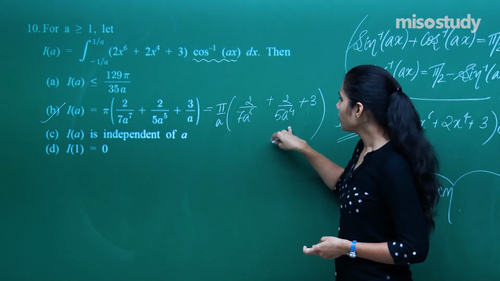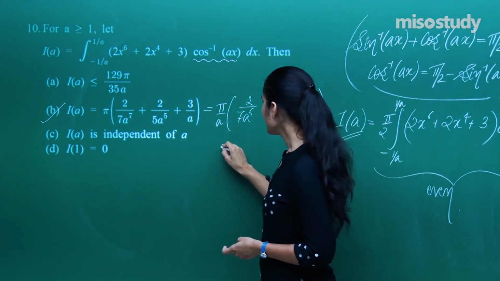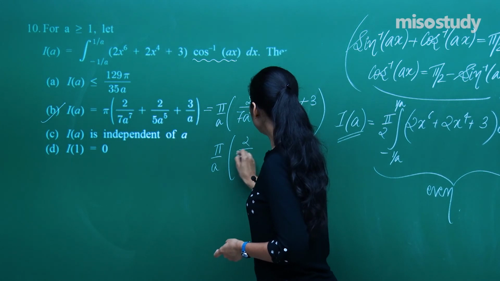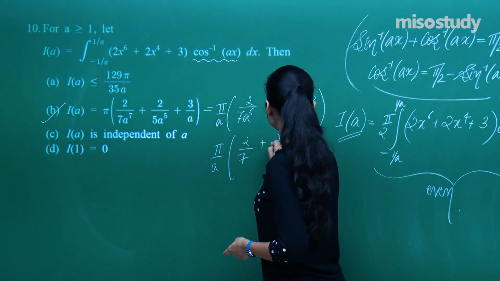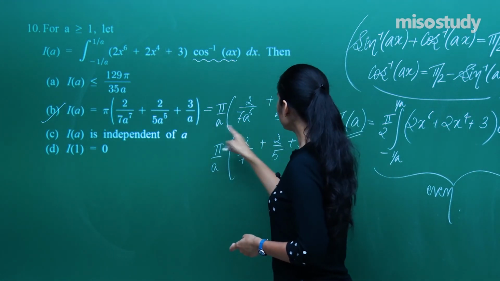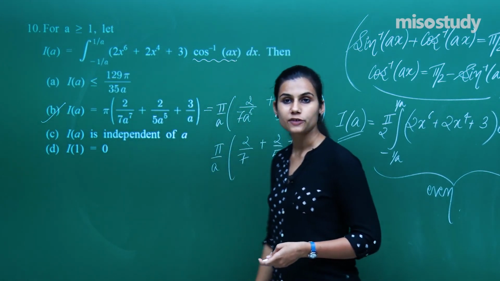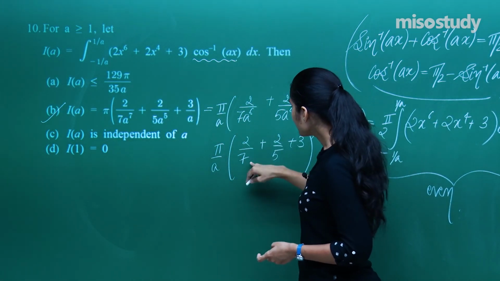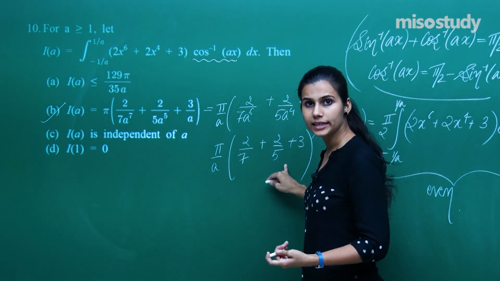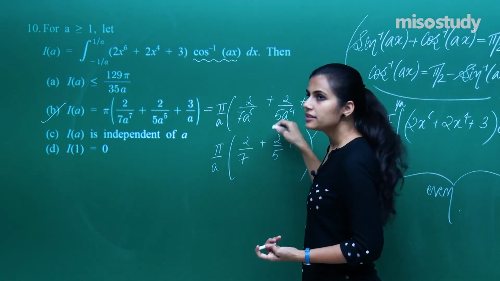Greater the denominator, lesser is the value. So if I consider pi by a times 2 upon 7 plus 2 upon 5 plus 3, then obviously a is greater than or equal to 1. A is a nice, proper positive quantity. So now I am making the denominator less, I am making it free from a positive quantity. Lesser the denominator, greater is the fraction, and greater the denominator, lesser is the fraction.